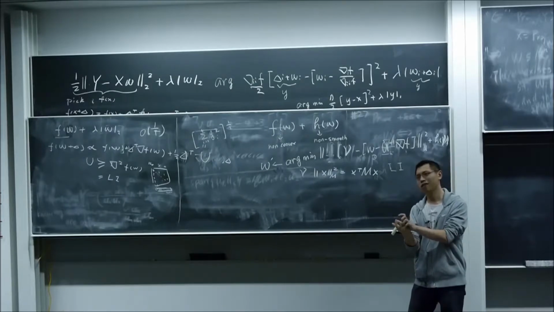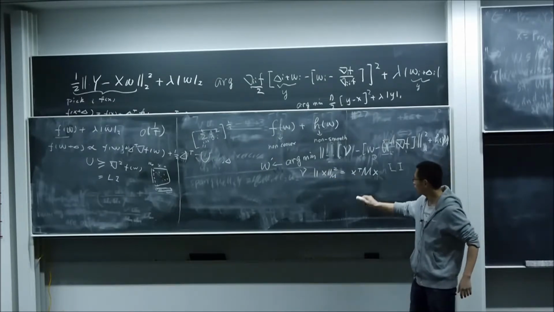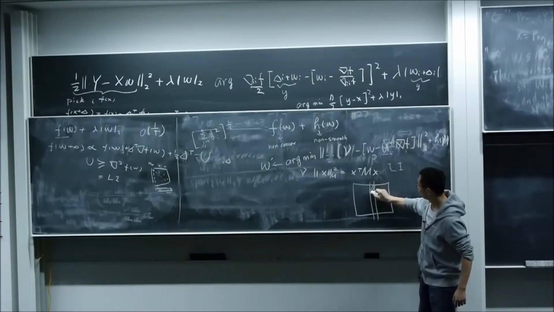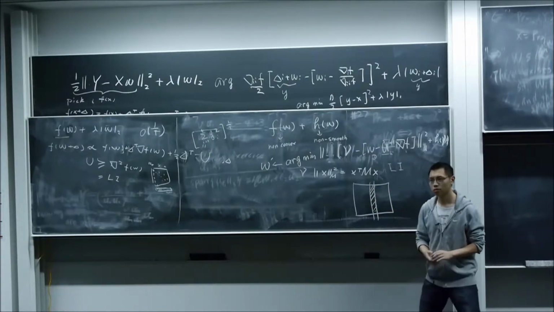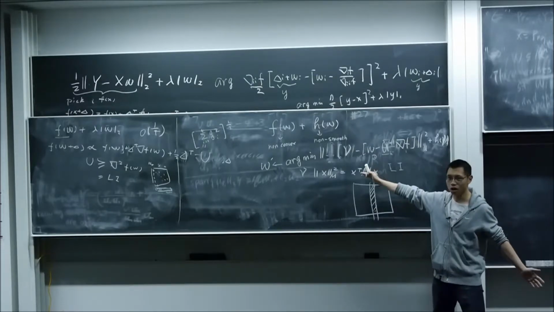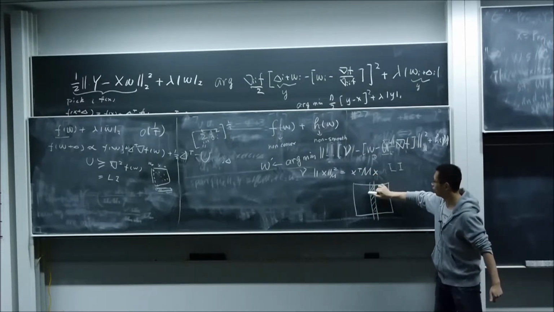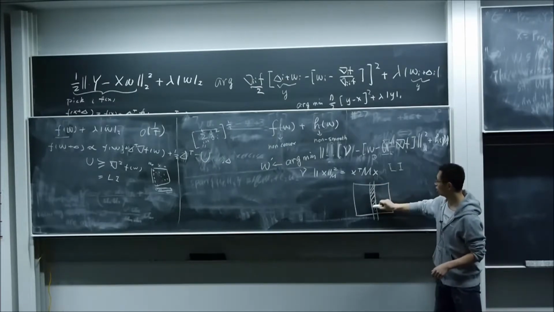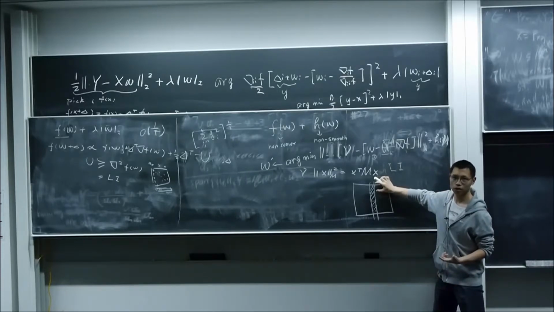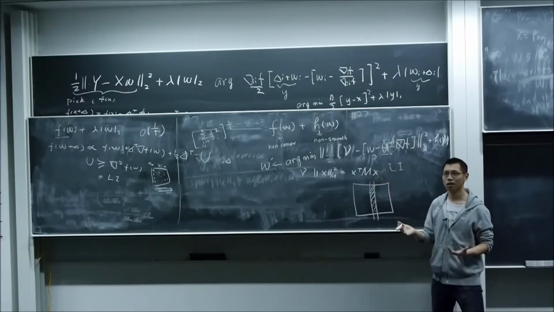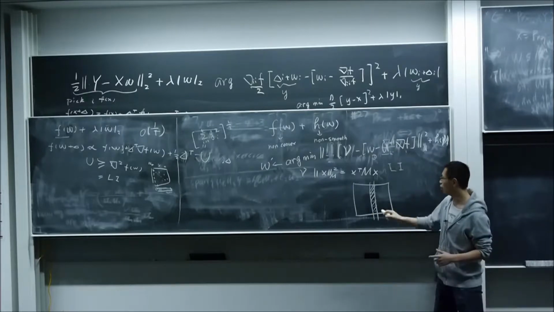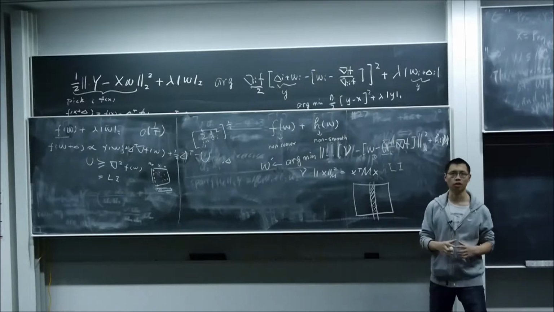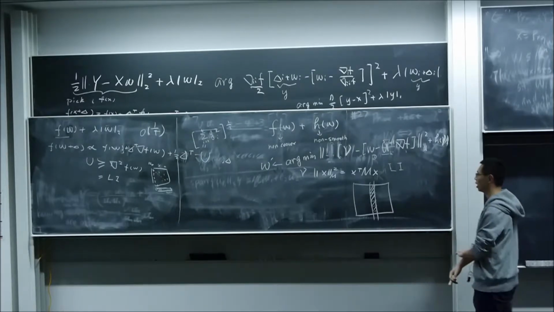So you have a matrix, and each time you only look at one column. If the matrix is really large, you can implement it with multi-thread. You can have 4 threads, each one updating one part of it. But you need to pay the thread synchronization. And if you have millions or billions of features, you need to pay millions or billions of thread synchronizations. It's not a good idea.